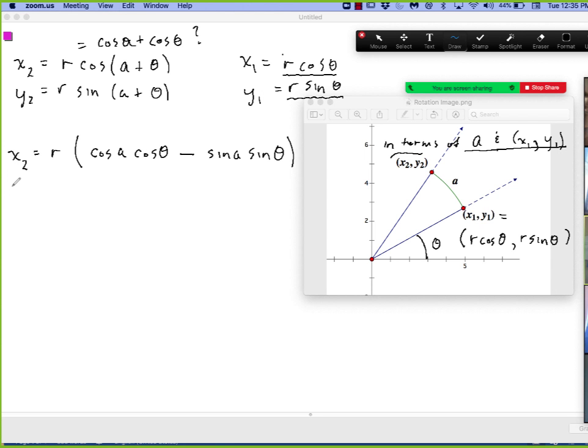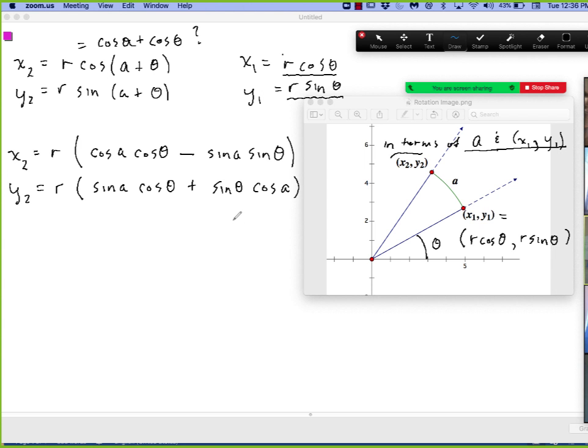Similarly, the sine of a sum is the sine of the first times the cosine of the second plus the sine of the second times the cosine of the first. So was that a helpful step if we're trying to get x1 and y1 involved?